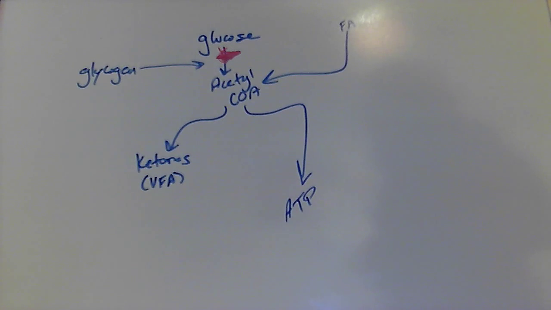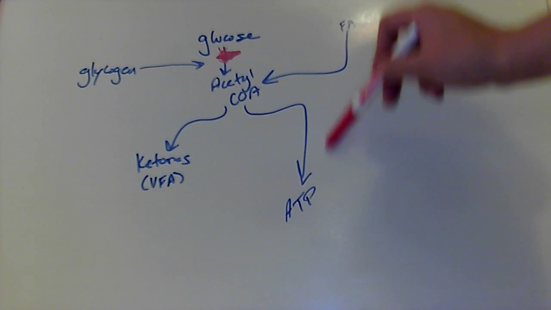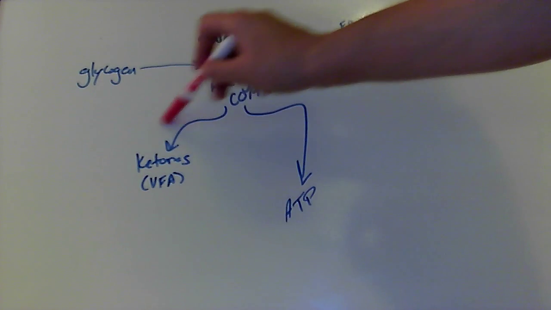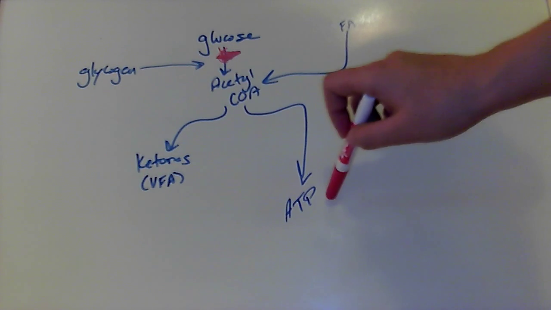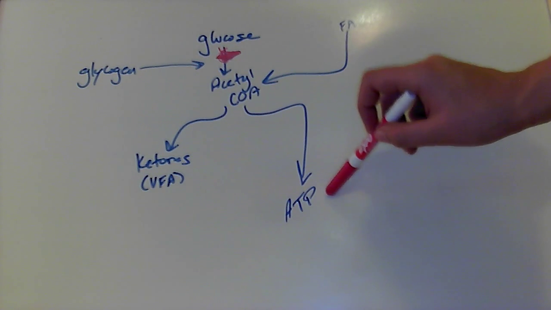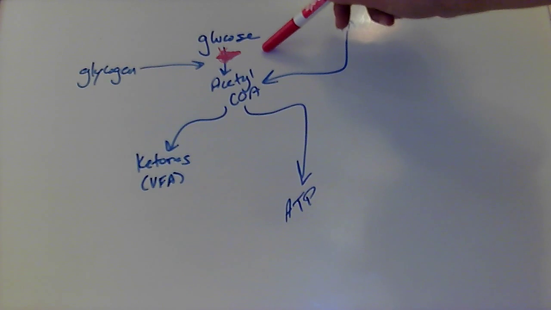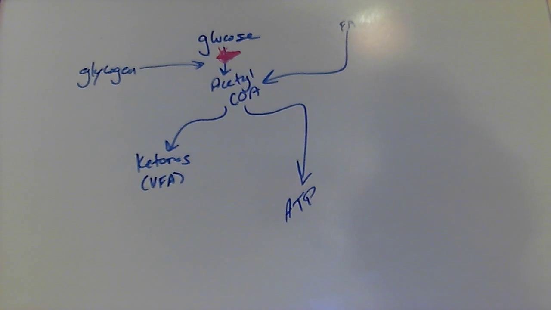Well, what the body's going to try to do, if you're in a starvation state and you should be getting glucose, you should be getting energy, is that it will try to maintain the rate of these reactions, these pathways, okay? It still needs to make the same amount of ATP. The demand has not changed, but the supply has, okay? Well, what happens when that's the case?